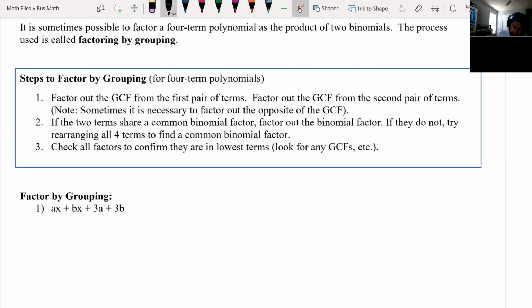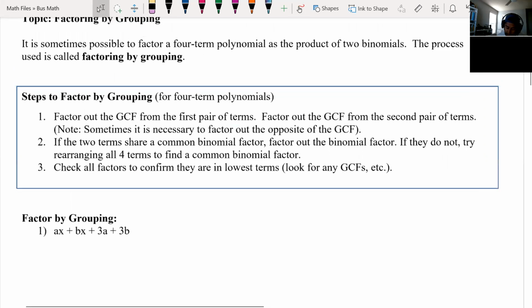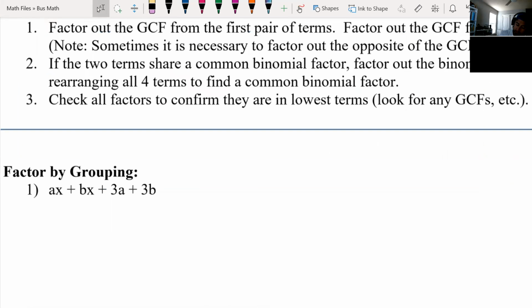If there's no greatest common factor, then you would group the first two terms, and then you would group the last two terms and find a common factor in those separately. And then from there, we should be able to factor more.